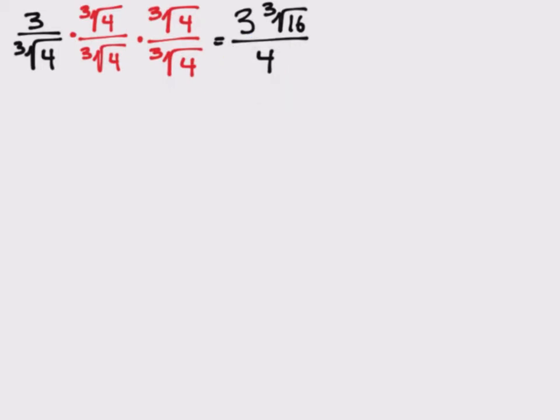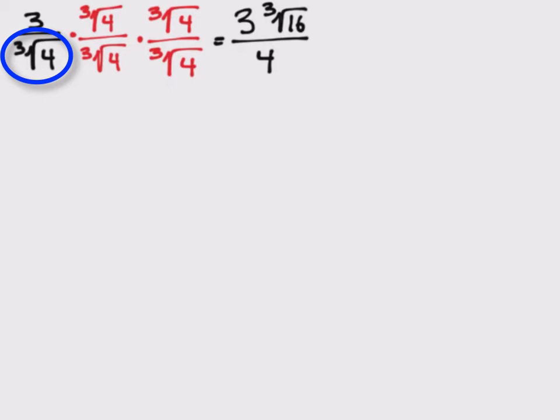And we end up with 3 times the third root of 16 over 4. Now note, there's another way we can think about what we just did. Of course, when we look at this original fraction, our goal is to change that denominator into the third root of something that's a perfect cube.